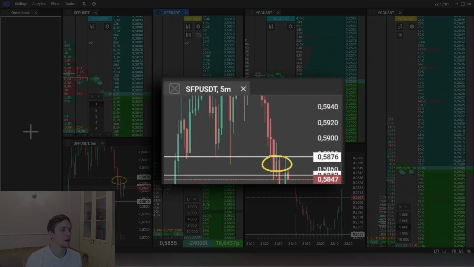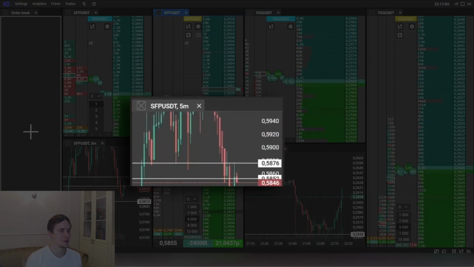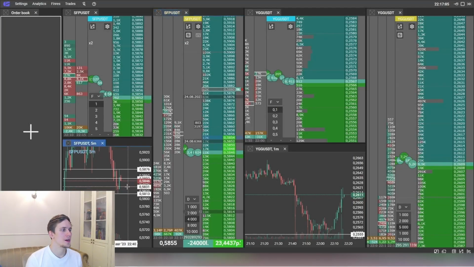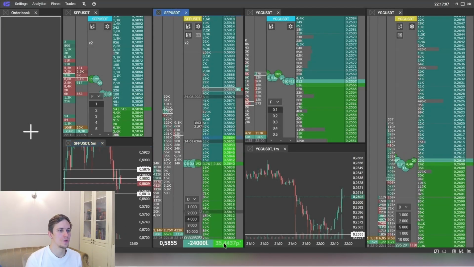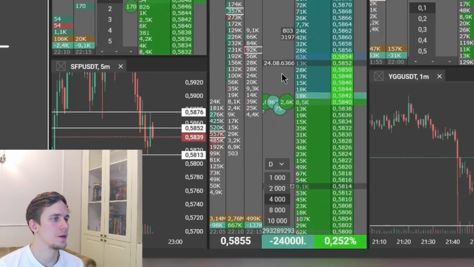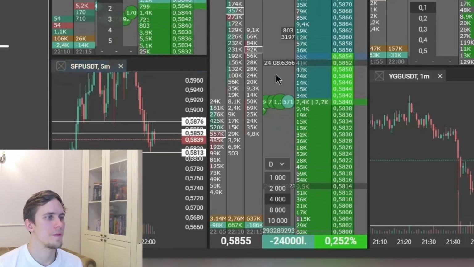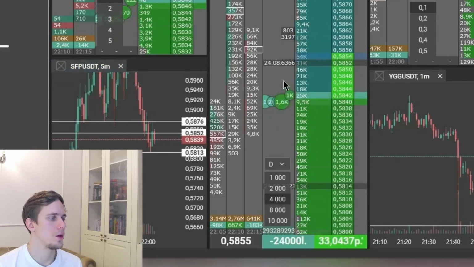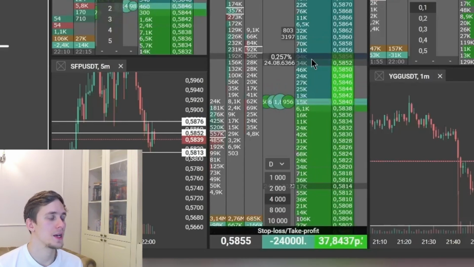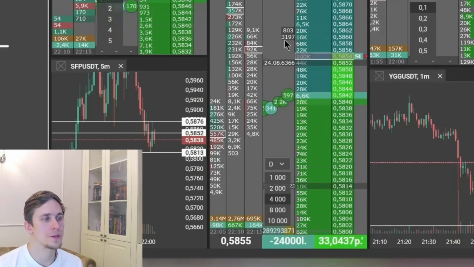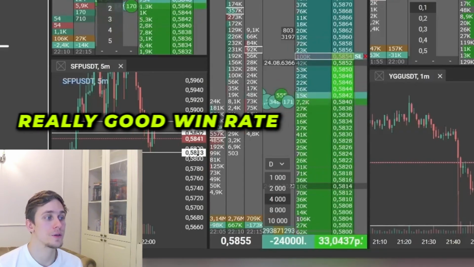The next trade, a really good short smart zone. The price drastically approached this zone and I entered quite accurately. The movement wasn't so confident, but anyway, the concept of smart zones usually brings us a really good win rate.